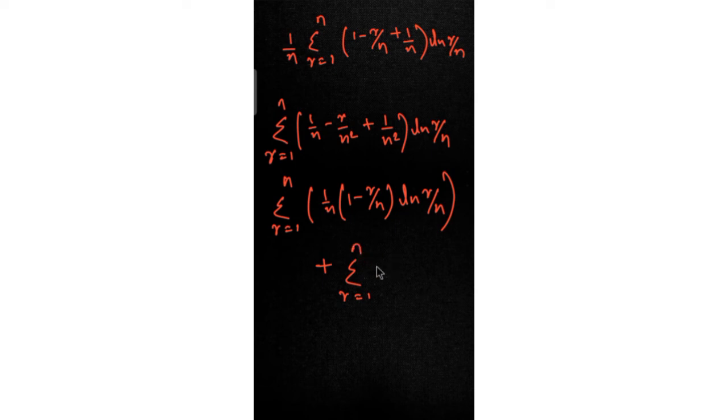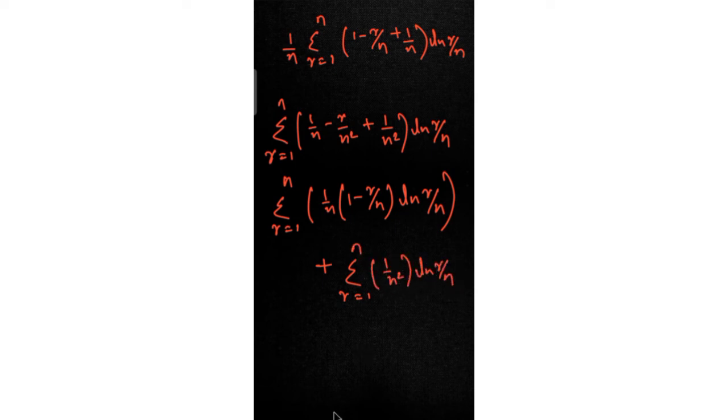Now we just need to take 1 by n common here. So that is sigma r equal to 1 to n, 1 by n into (1 minus r by n), and I'll bring the ln r by n inside. So this comes out to be ln r by n, and the other sigma will be r equal to 1 to n, 1 by n square into ln r by n.